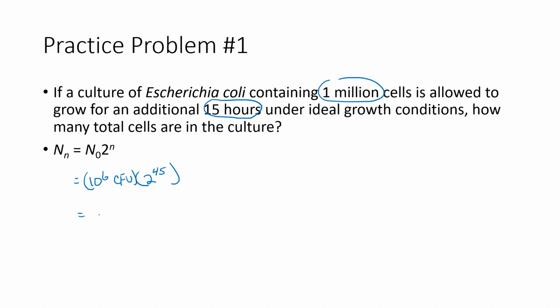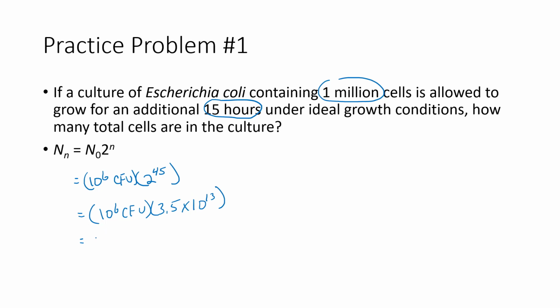So this would be 10 to the 6th CFUs times 3.5 times 10 to the 13th. And when we multiply these numbers like this, we can just add the exponents.